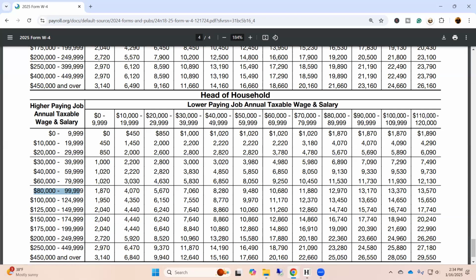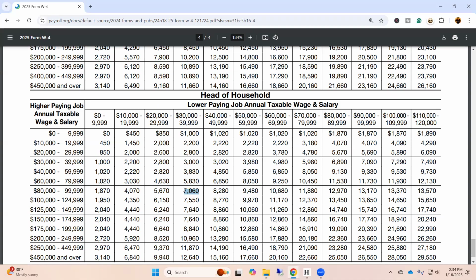So we go to the higher paying job here in the column, and then his other gig at 30,000, and we see where those two intersect. In this example, he needs to have $7,060 in additional income withheld.